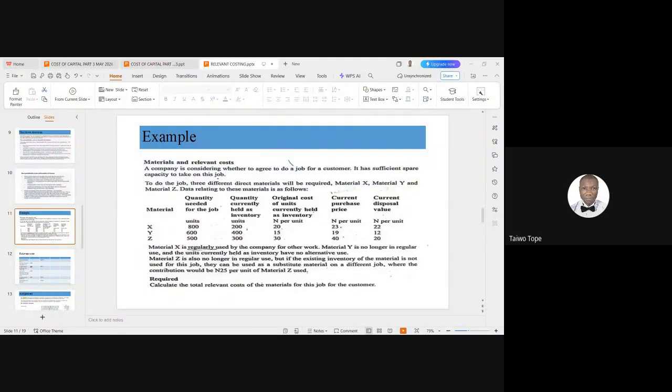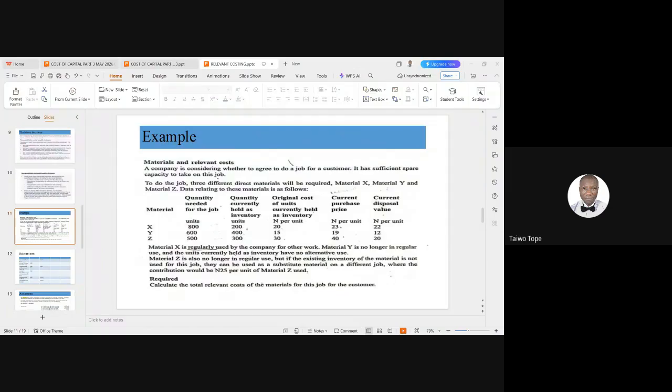So the relevant cost will be split into two. The unit you have that is no longer in regular use, and if not used for this production, have no alternative use. What is the opportunity cost? If you are using it for this production, what are you losing? The disposal value. The remaining 200, how much will you get it in the market?